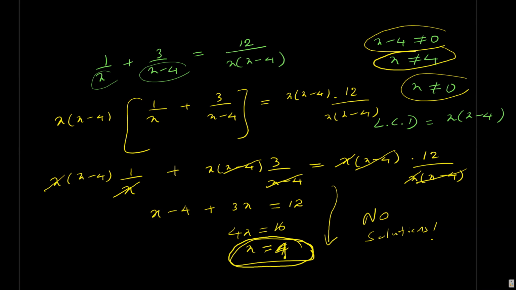Yeah, let's see another example. How about this? X squared minus 2x equals 2 over x minus 2.